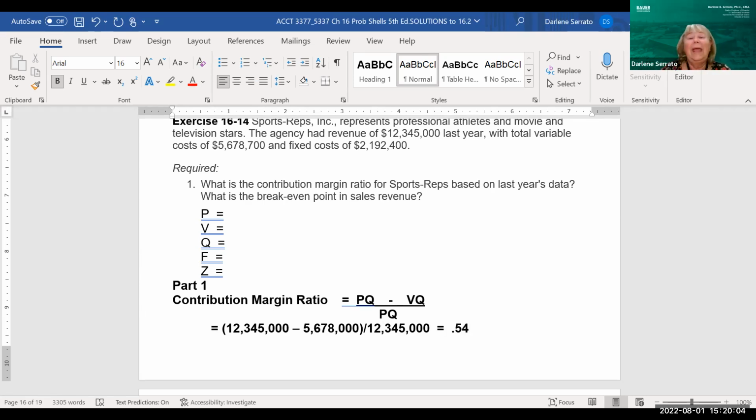So in this one, we had to do it on a dollar basis because we did not get P and V separately on a per unit basis. So we had to use the dollar basis.